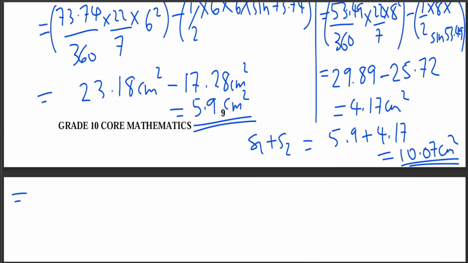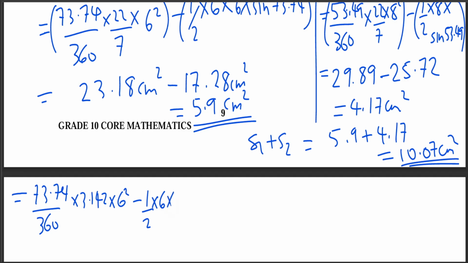So again, let's start. 73.74 over 360 times 3.142 times 6 squared. So minus a half times 6 times 6, which is just 6 squared, but watch it, times sine 73.74. Let's see how much is it going to give us for the first segment.